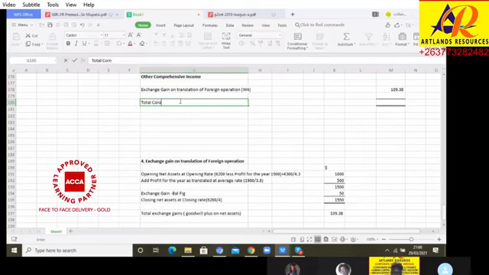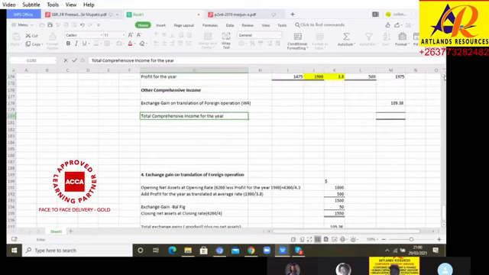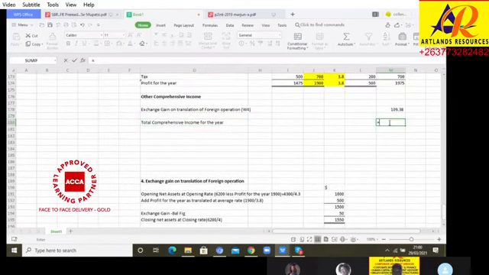Total comprehensive income for the year. You are now adding 19. You are now saying equals 19, this one plus this. That's total comprehensive income for the year, 2084.